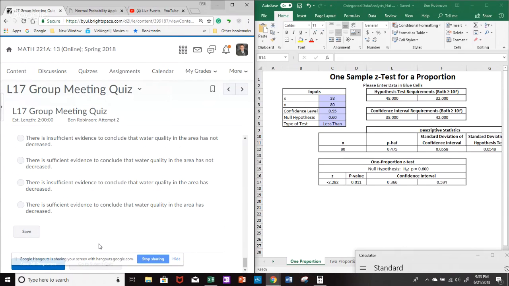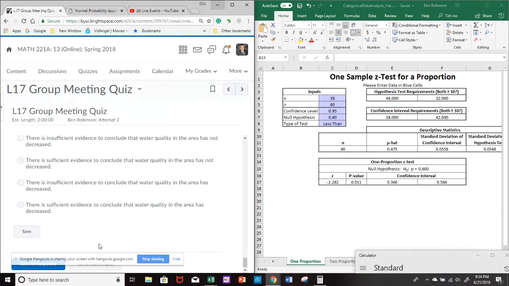Since we are rejecting the null, if we reject, we have insufficient... There we go. Right. So if we're rejecting the null, what are we doing with the alternative hypothesis, even though we don't normally say this?